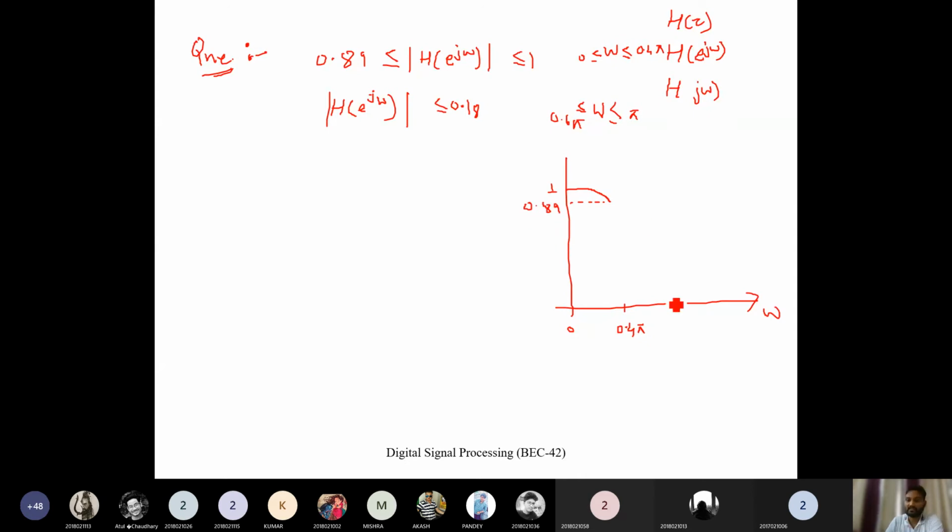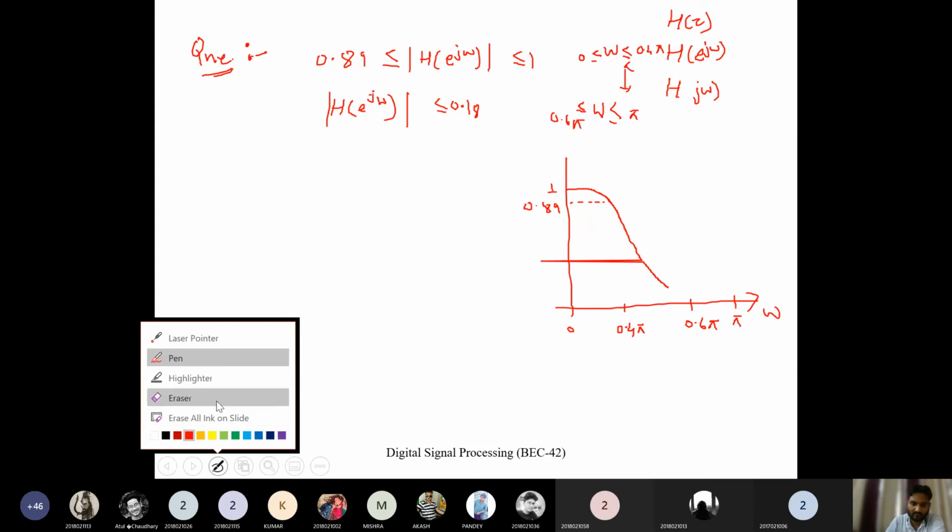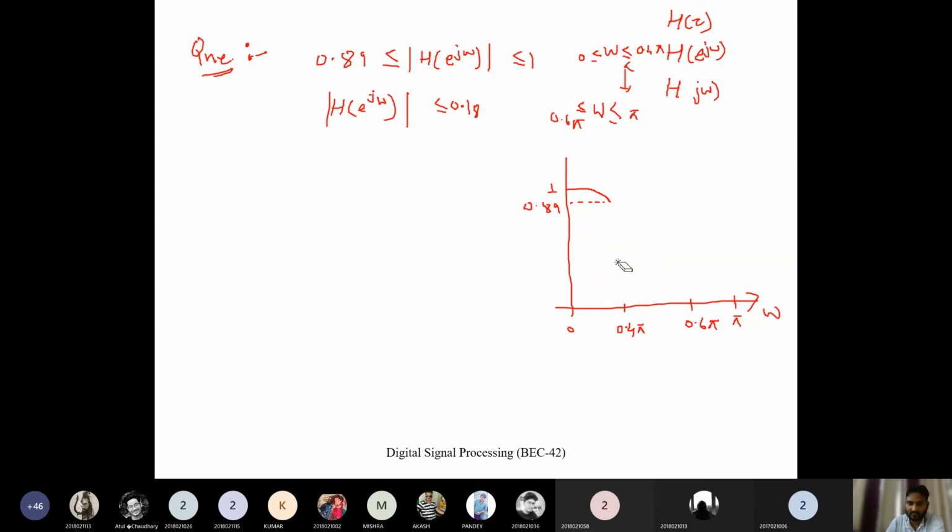Okay, and the next is 0.6 pi, and this is maximum pi. If the frequency range is given between 0 to pi, that means it is given in terms of digital frequency. Okay, so it will keep on decreasing.